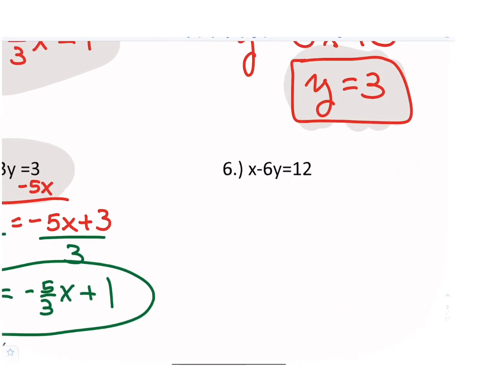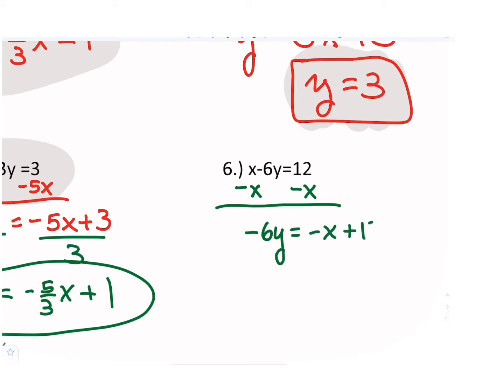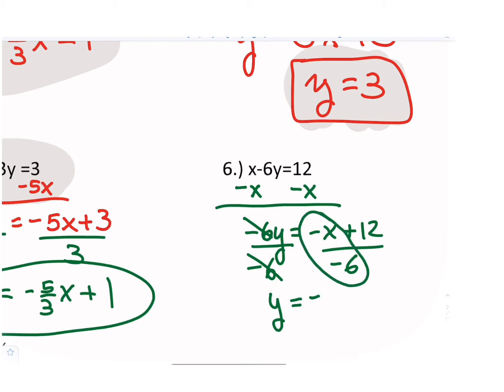Number 6. To get y by itself, we first subtract x on both sides, and we get negative 6y is equal to negative x plus 12. Then by dividing both sides by negative 6, these negative 6's cancel to 1, and so we just have 1y. And this part right here is a negative 1 over a negative 6x.